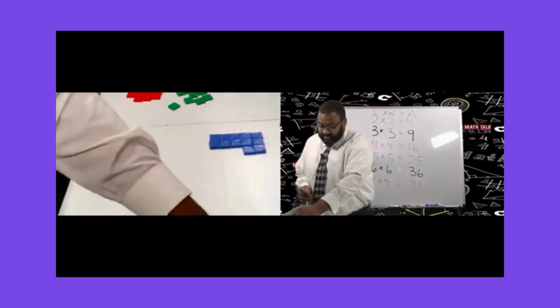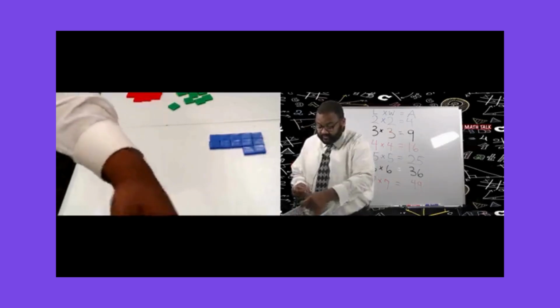1, 2, 3, 4, 5. So what does that mean? I'm looking for 5 rows of 5. Right now I have 2 rows of 5. I have to get some more blues.